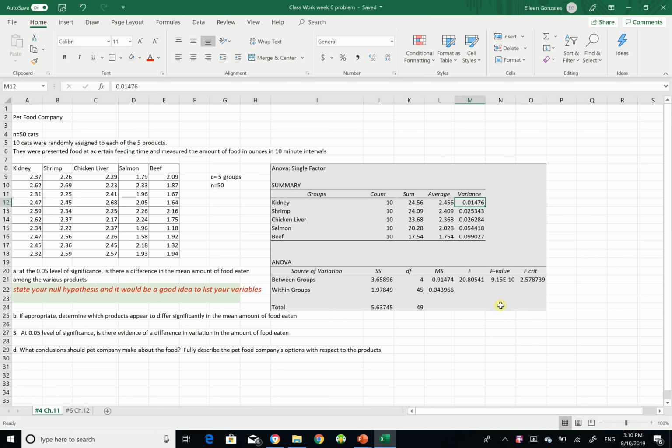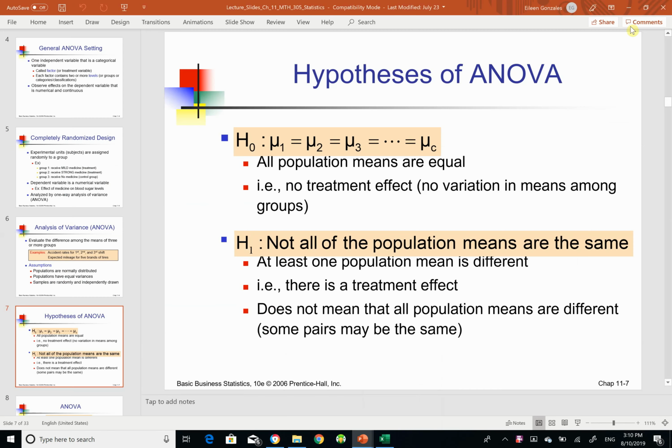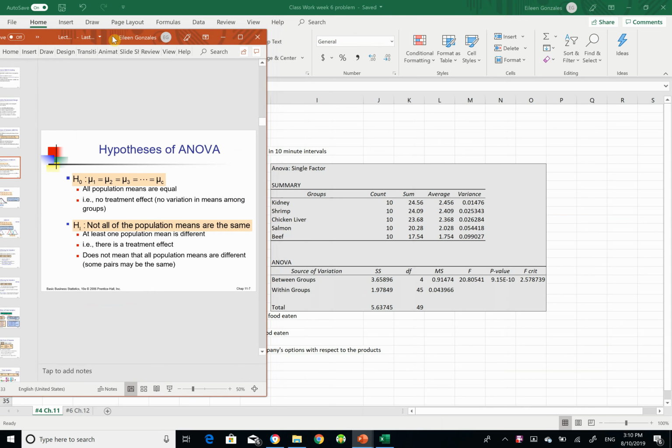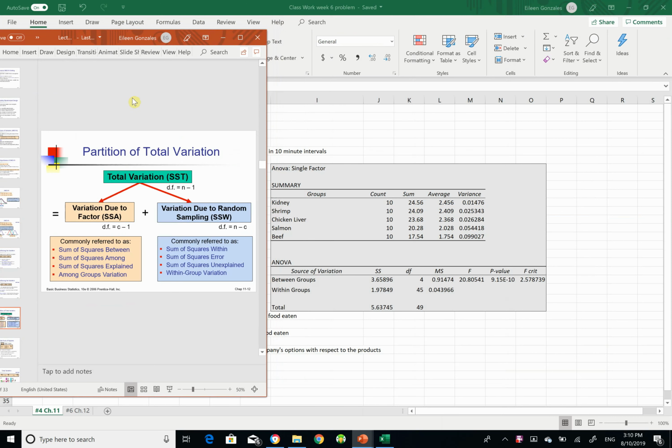So one thing I want to point out here is, let's pull this up. Some things I want to compare. Let's pull this to the side. If we compare the SSA, which is this value right here, and the SSW, which is this value right here.